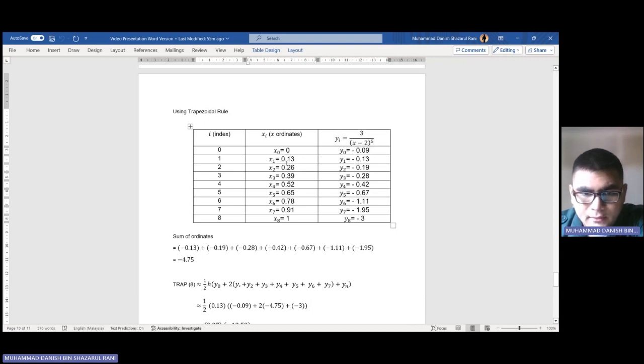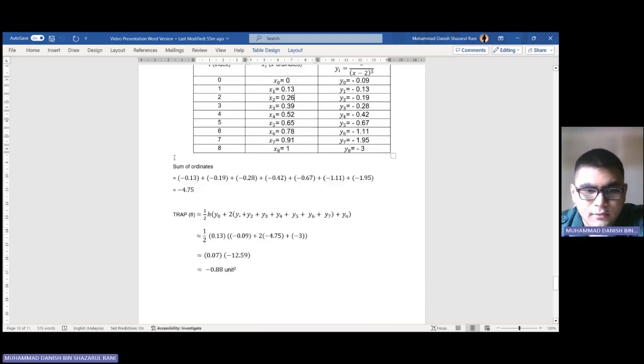In order to find x1 and x2, you must add 0.13 to the 0 coordinate. Therefore, the first coordinate is 0.13 and the second coordinate is 0.26. Then find y2 and everything else by replacing x with the x coordinates.